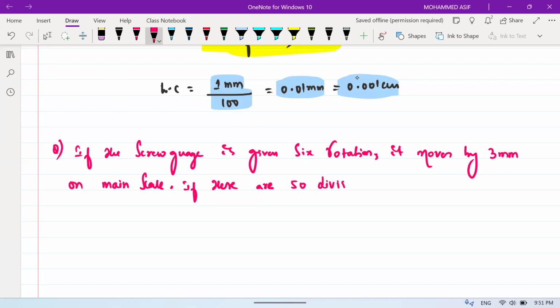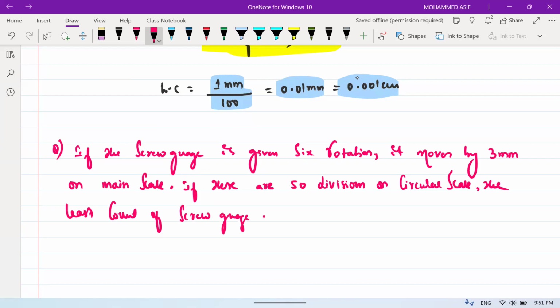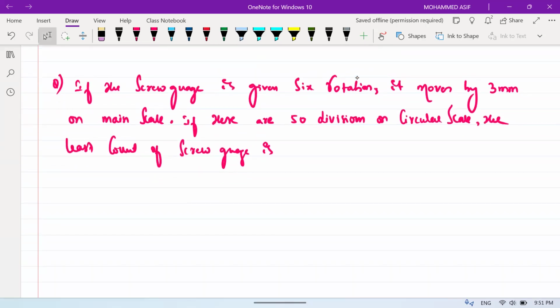If there are 50 divisions on the circular scale, the least count of the screw gauge is how much? Now read the question carefully.